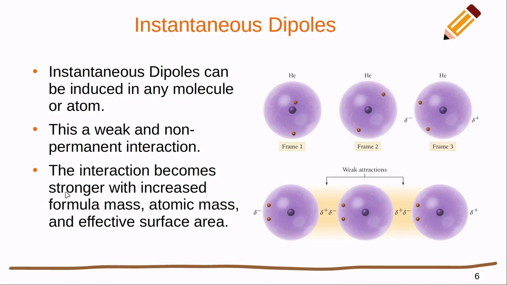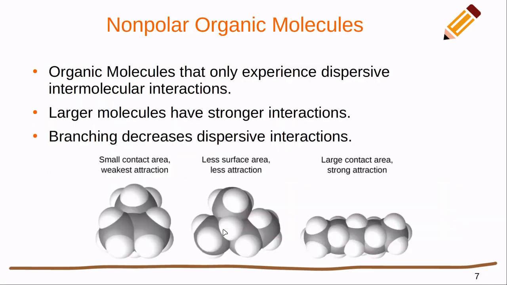The interaction becomes stronger with increased formula mass, atomic mass, and effective surface area. So if I have a large molecule or a large atom, they're going to have greater dispersive attraction to one another. And the increase in effective surface area basically means that if I have molecules that are more spread out, then they have more surface area available to them to have dispersive interactions.